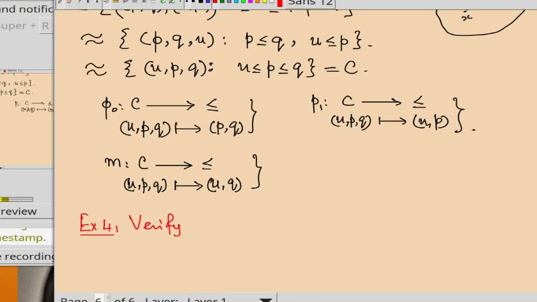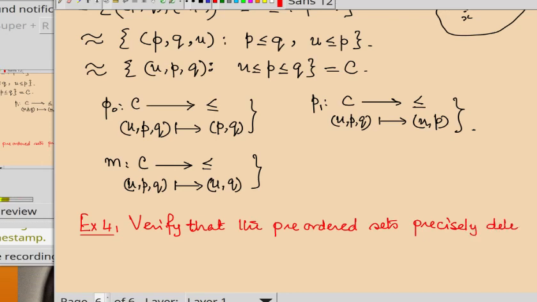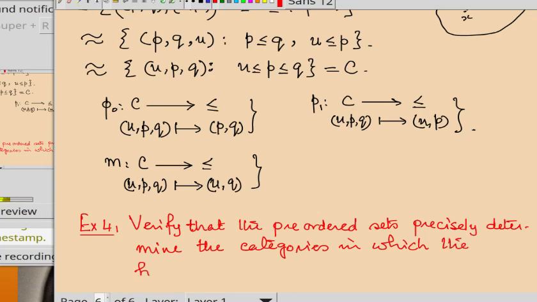Verify that the preordered sets precisely determine the categories in which the Hom sets are at most singletons.